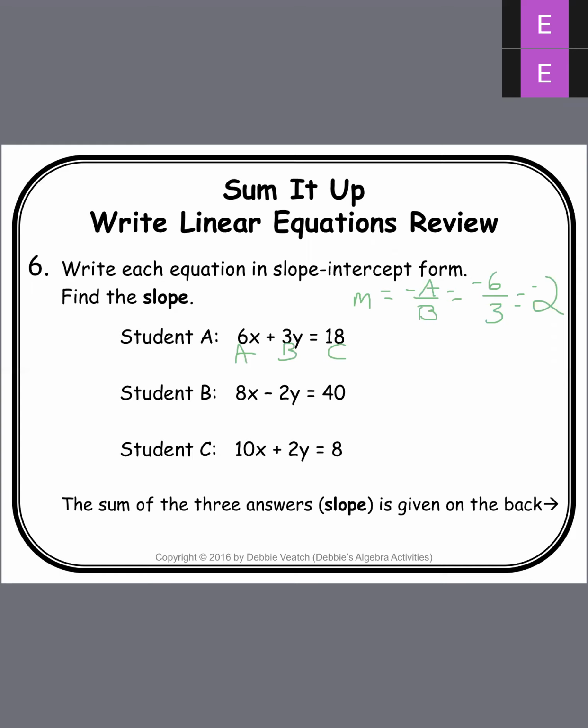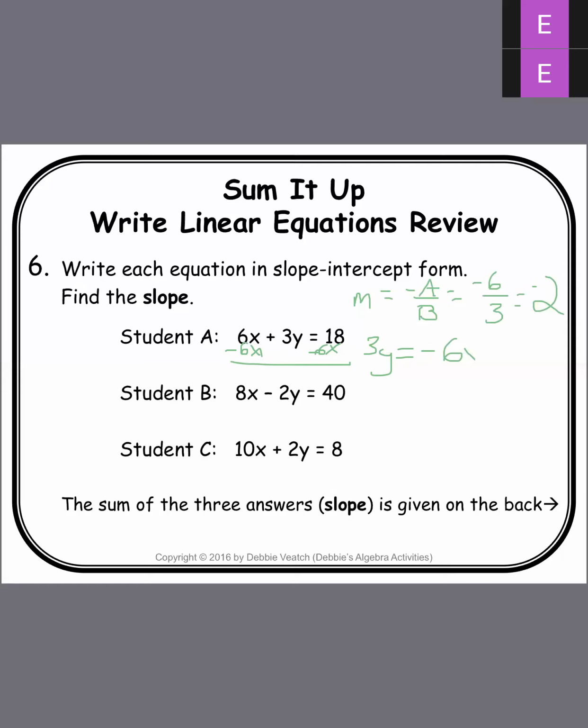Okay. Your other option is to go ahead and rewrite the equation in slope-intercept form. So let's see. I would subtract 6x from both sides. I'm going to write the answer over here just so I have a little bit more room.